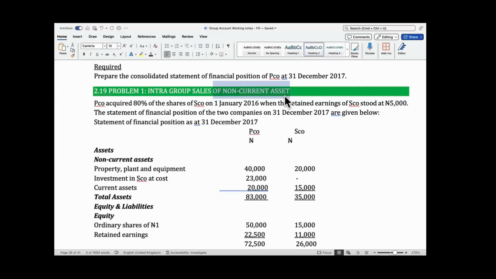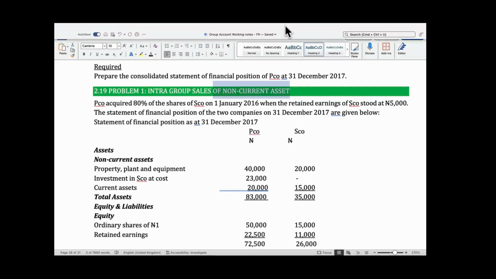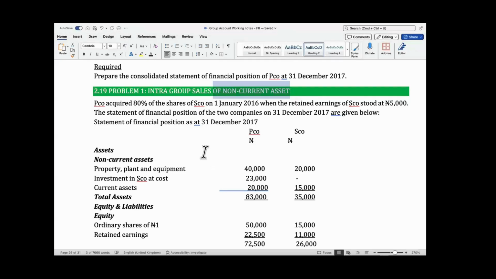You reverse it. You have to reverse that excess depreciation that must have been charged. Since you are saying the profit is unrealized, whatever excess depreciation you must have charged should also be removed.